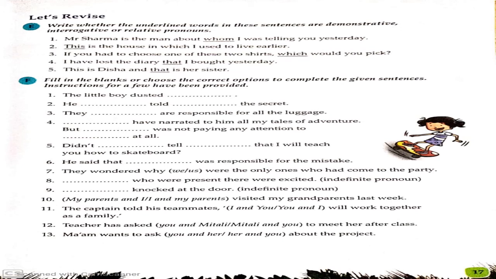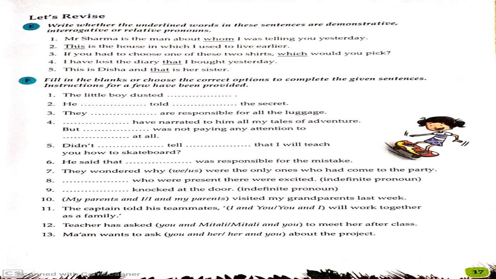Then next one is, this is Disha and that is her sister. So we are pointing or demonstrating towards someone. Whenever you are using your finger to demonstrate, then it will be a demonstrative pronoun. So here "this" and "that" are demonstrative pronouns.